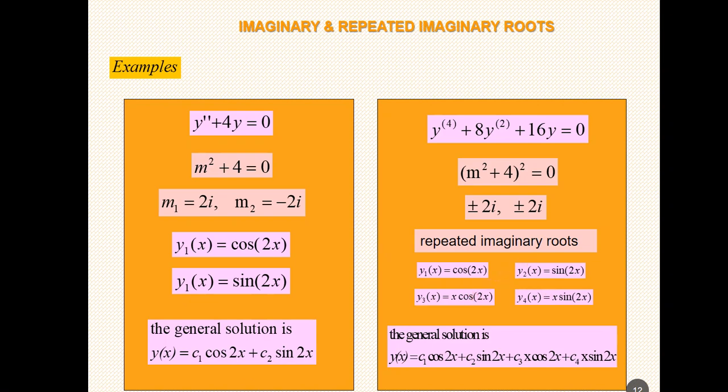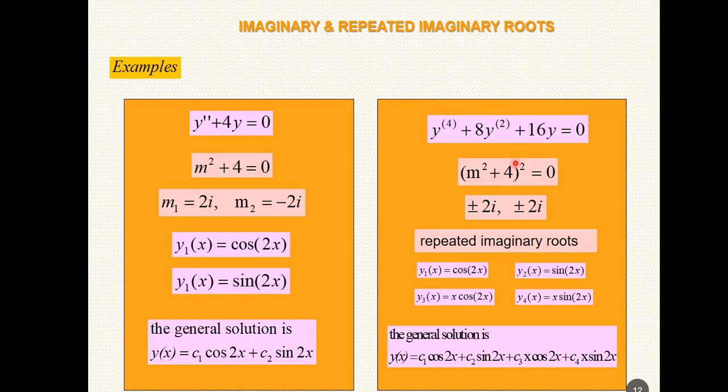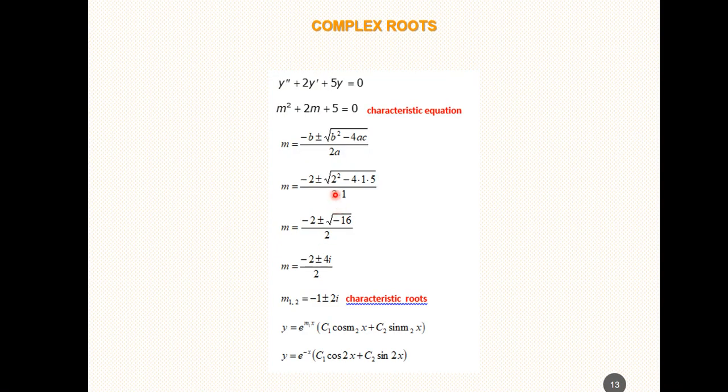Okay? Now, another example is this. This is not anymore factorable. It's different than these two, because these two can be processed without having to resort to using the quadratic equation. So in here, since this is not factorable, our characteristic equation will also be not factorable.